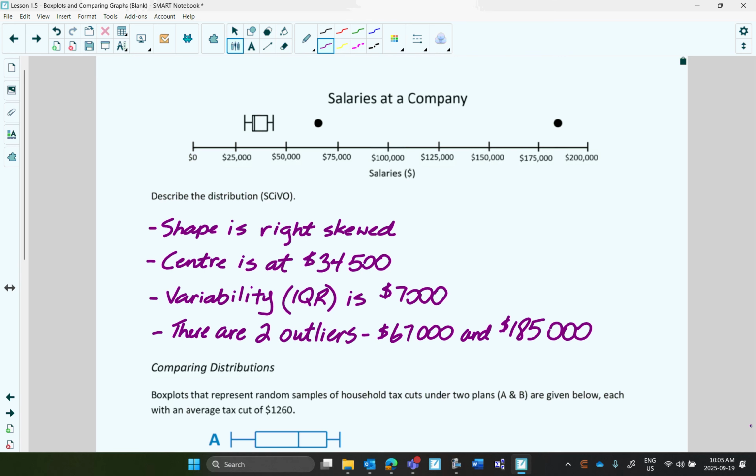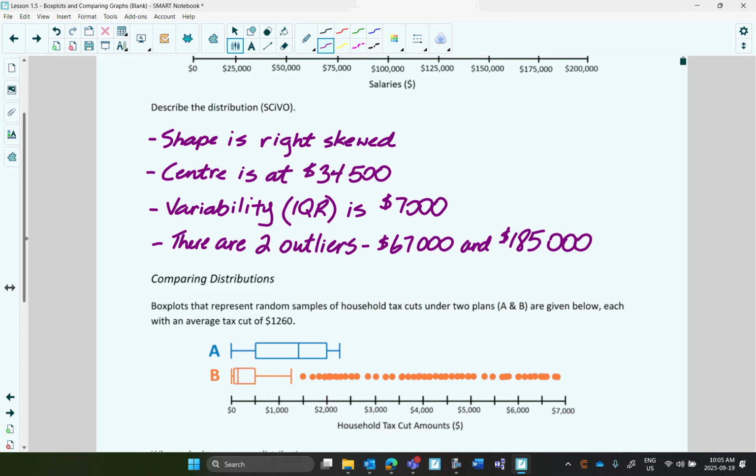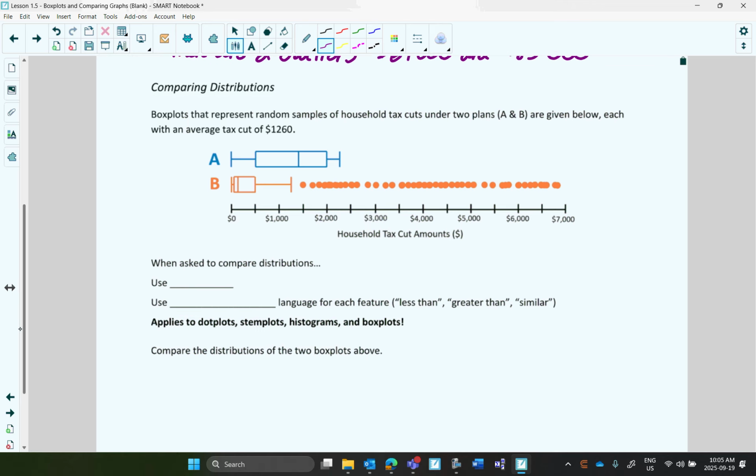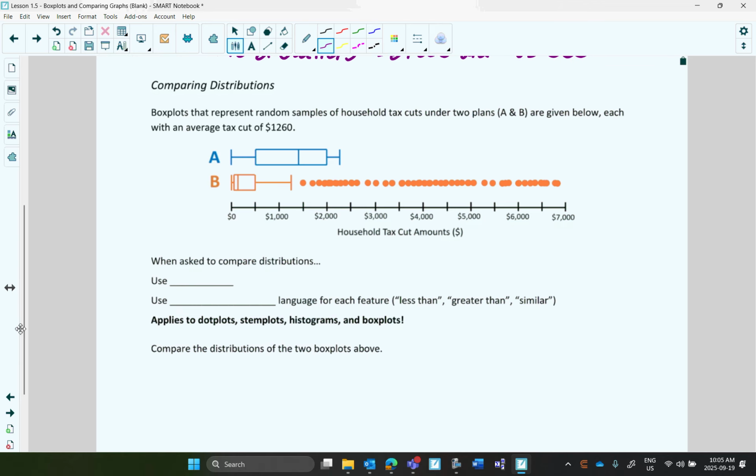Okay, going back to the tax cuts. Here's an example of two different tax cut plans. If you were to take all the values in each of them and find their mean or average, the mean would be the same. But clearly, the distributions are not the same, right?